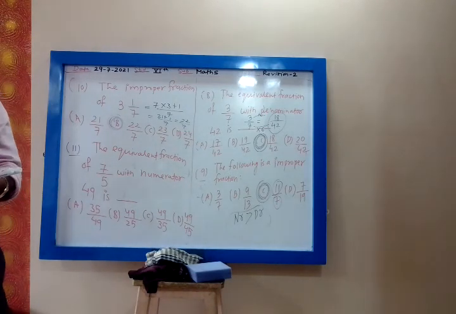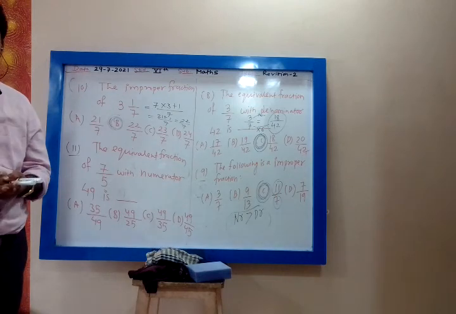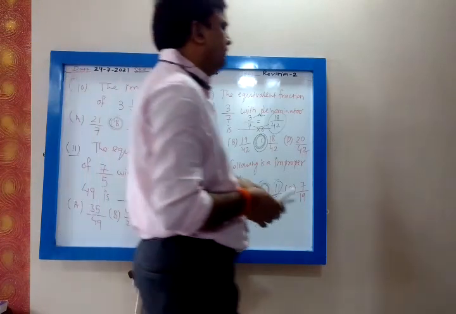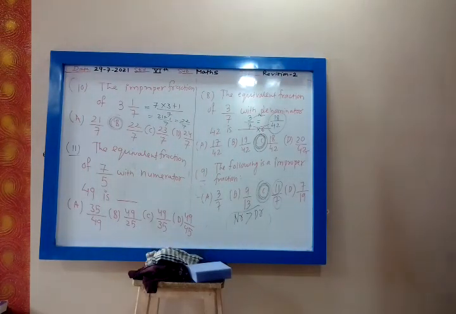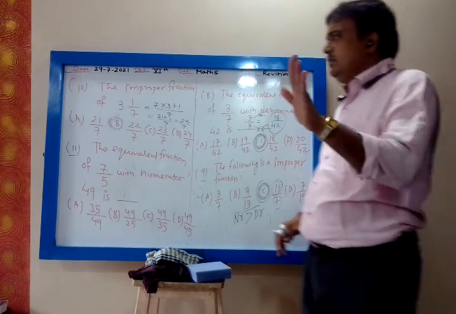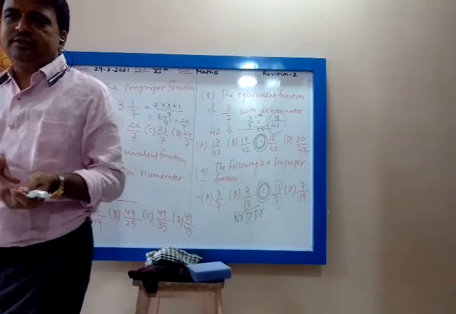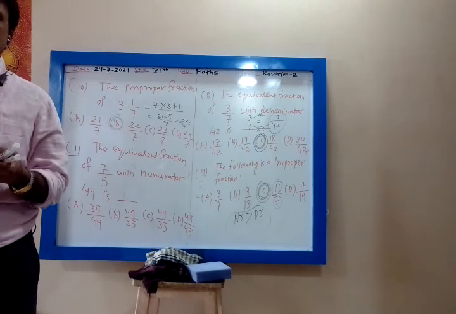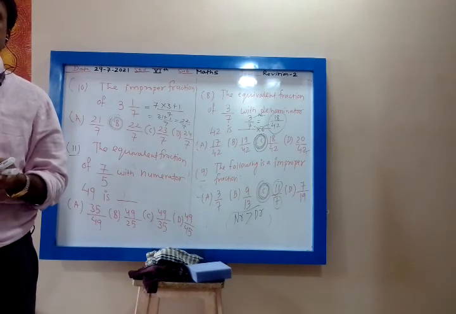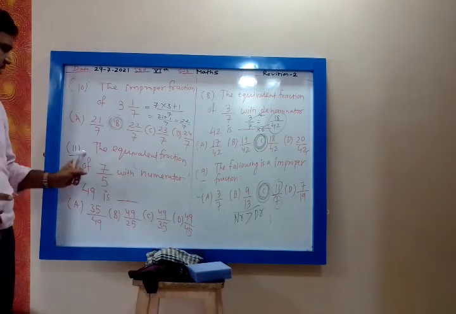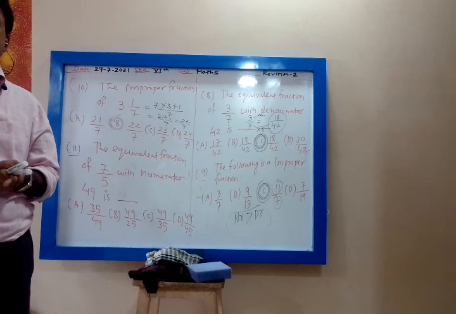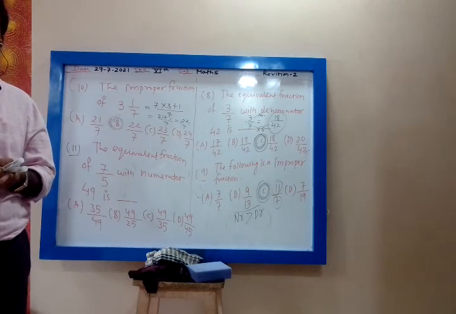One minute, my dear. See, if you go on telling that way, 1 minute, 1 minute. From A division, who has got the answer of 11? Darsh, what is your answer?